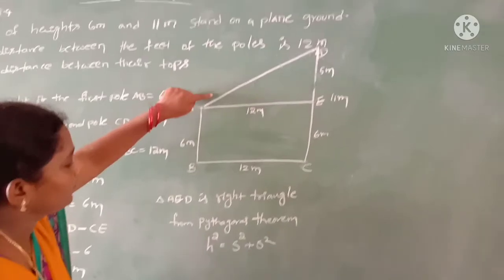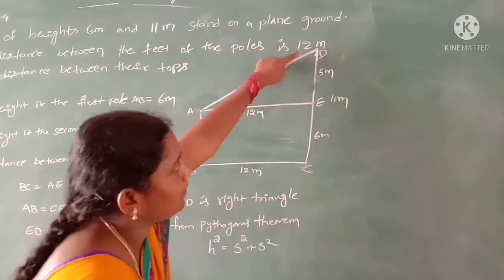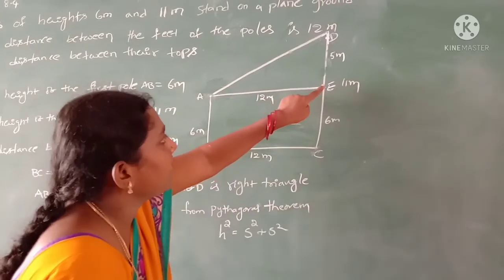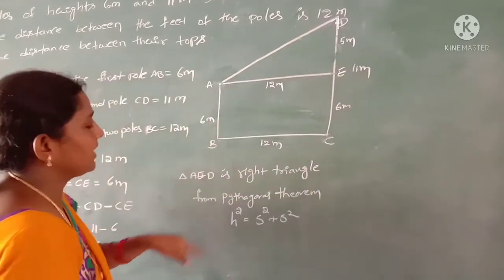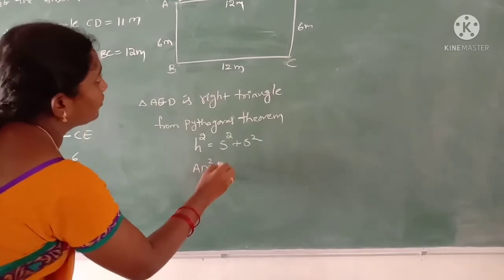In the figure, AD is the hypotenuse and AE and ED are the other two sides. So hypotenuse AD square equal to AE square plus ED square.